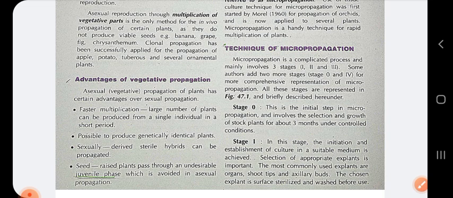So as the cells are constantly dividing by normal mitosis and are maintained at diploid level, we can obtain genetically similar plants from the mother plants.